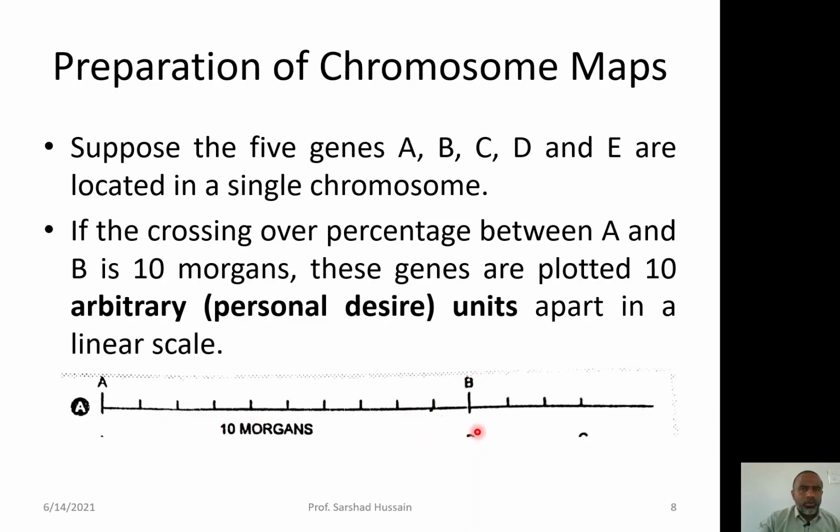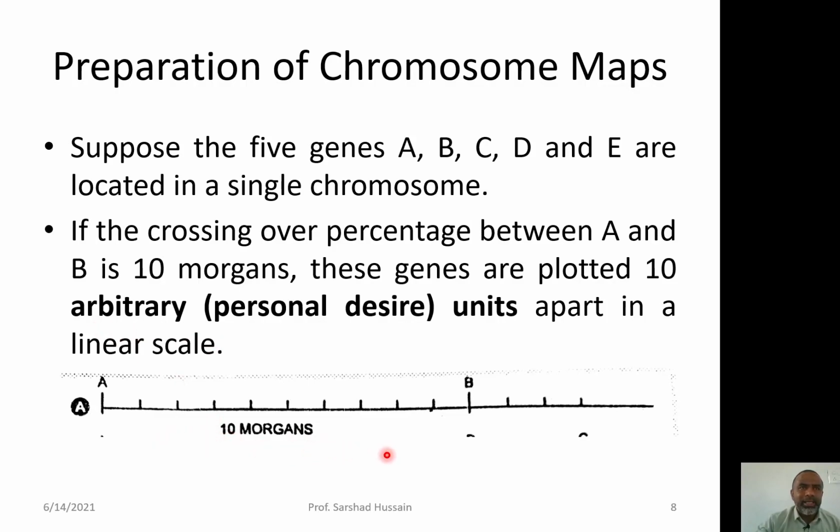Now, you can also draw this line very small, and by drawing it very small you may show the 10 units apart, or you can draw this line much larger, and then you place B here, A here, and the 10 Morgan units between them. So, they are your arbitrary units, not fixed units like the units of the scale that you use to measure the length of various things, because it is a very small thing.